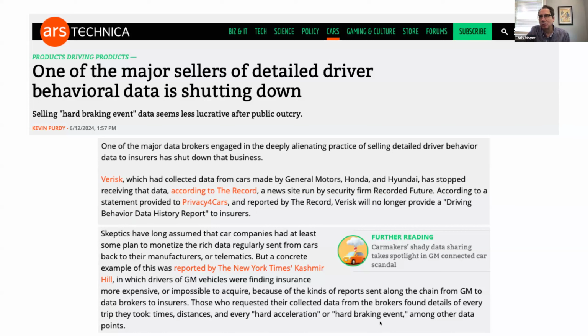And it caused so much ill will that I'm guessing, they don't say it explicitly, that the auto manufacturers didn't want ill will toward their brand, and so they shut it down, even though it was a revenue stream for them. So that seems to be a step in the right direction, but we shall see. Just because these guys stop doesn't mean some other data broker might not pick up the football and run with it. And now let's move on to Dot FMP.